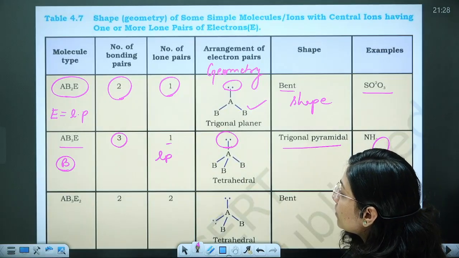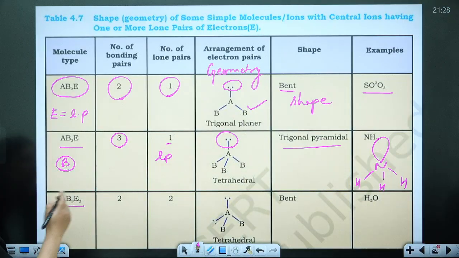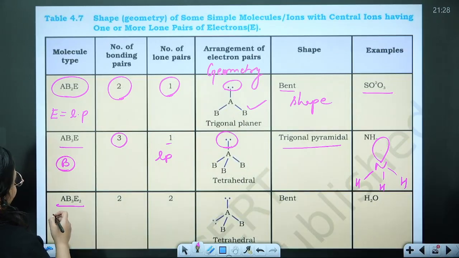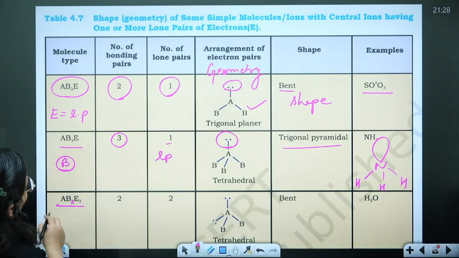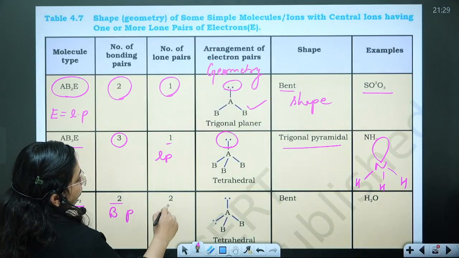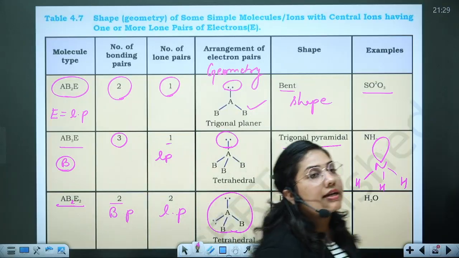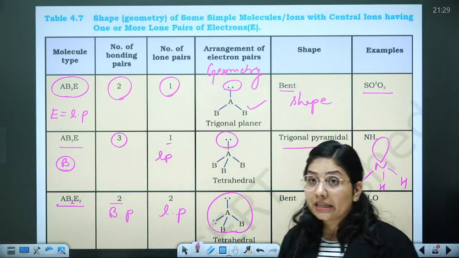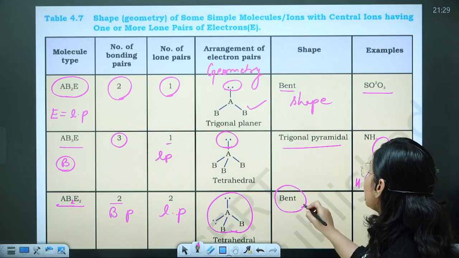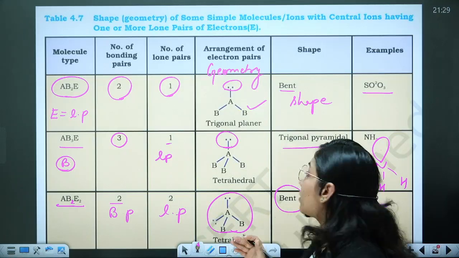Now come to the next. Here they have given the formula AB2E2. It means 2 bond pairs, 2 lone pairs. They should be arranged like this, just like tetrahedral geometry, but the shape is bent. This is shown by H2O, that is water.